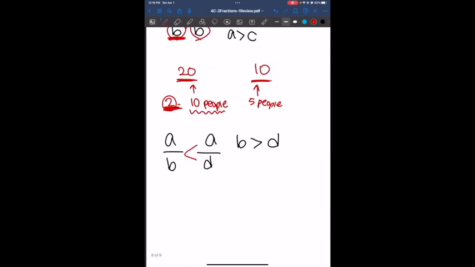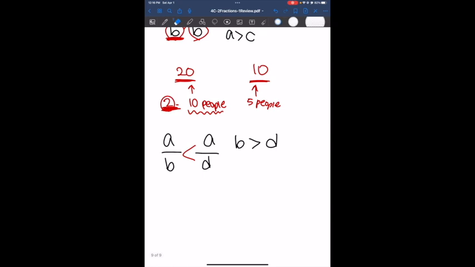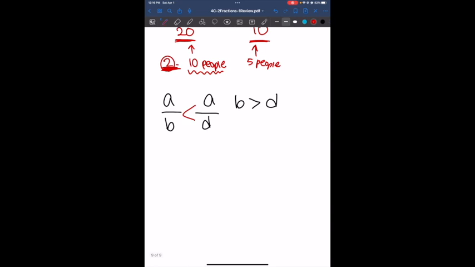Again, let's think of it using the candy example. Since the numerator, the number we're dividing, is the same, let's say we both have 20 candies.